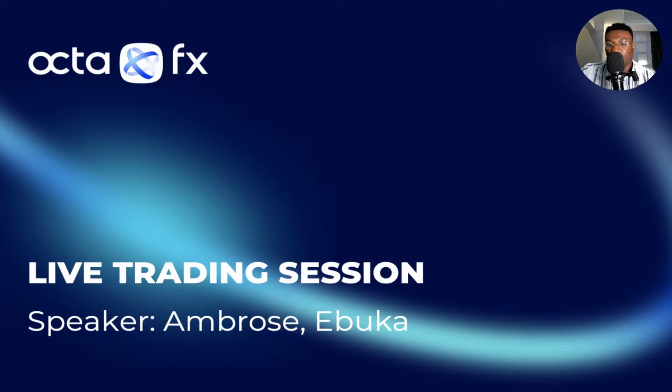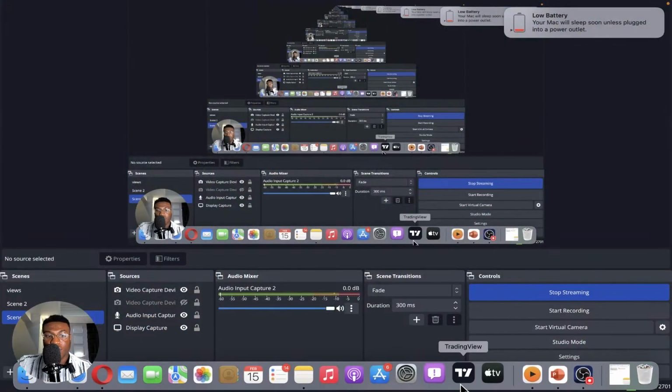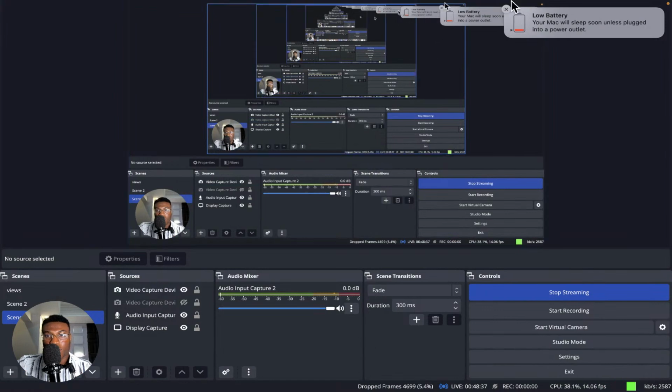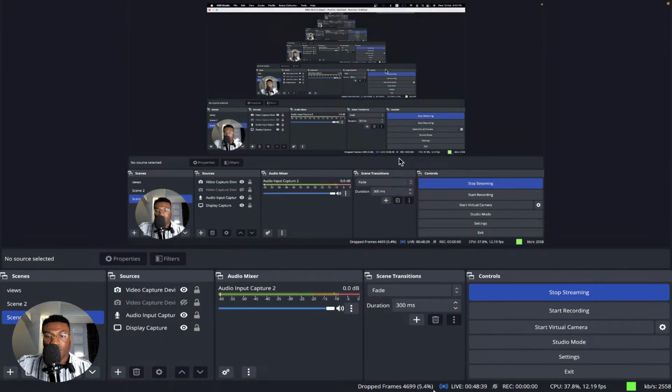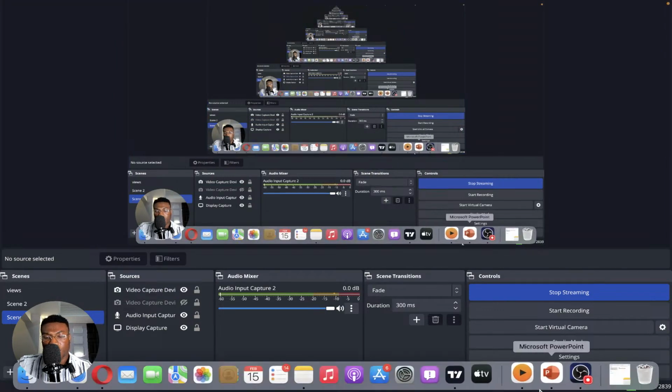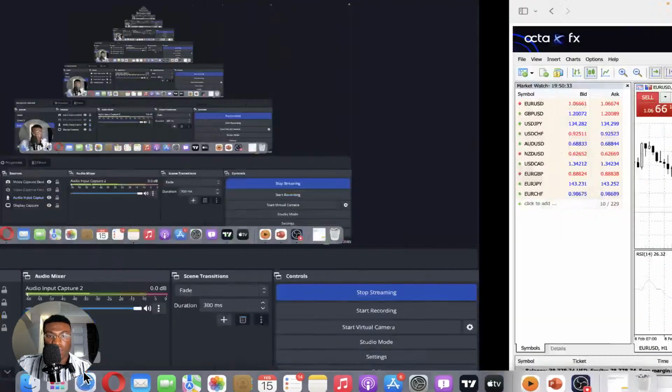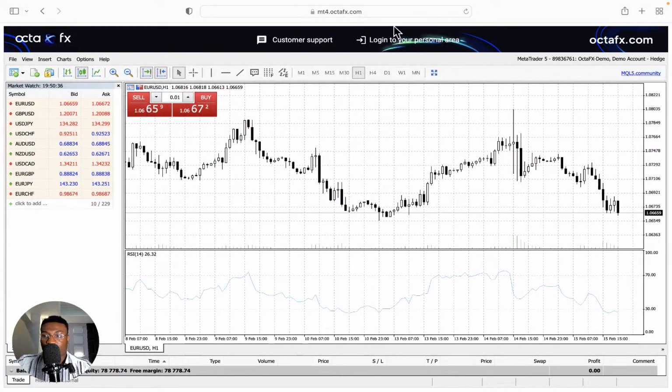I think I'll just show you what the web terminal looks like. So this is what the web terminal looks like, right?